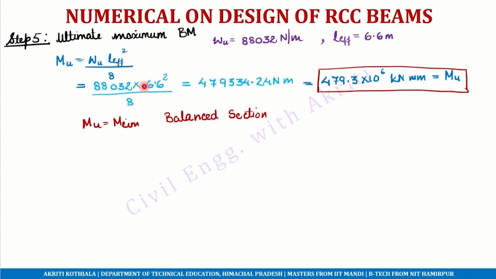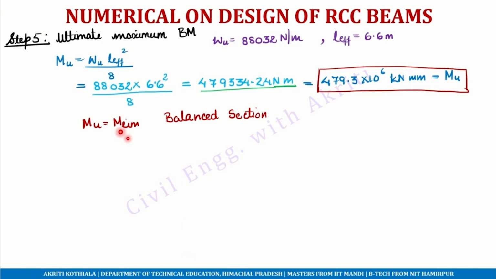So calculating, we get the ultimate maximum bending moment equal to 479.3 into 10 to the power 6 kilonewton millimeter. We have to keep in mind that this value when we calculated was in newton meter. However, this is a very large value, so we can simply convert it into kilonewton millimeter for ease.